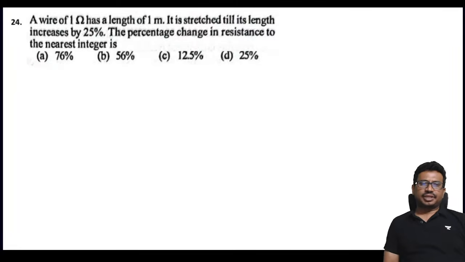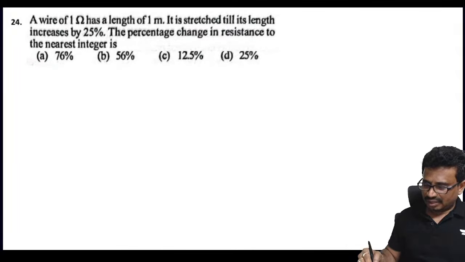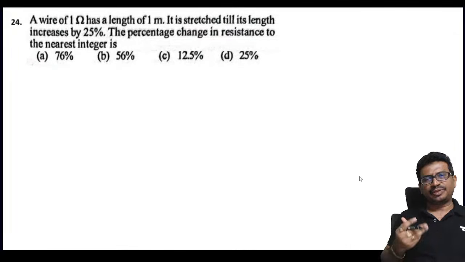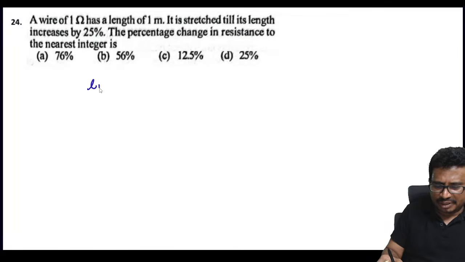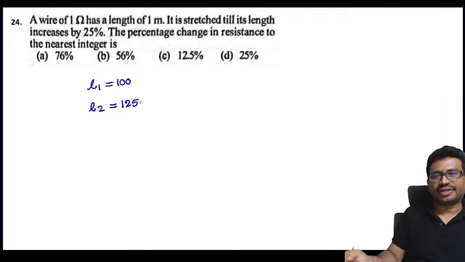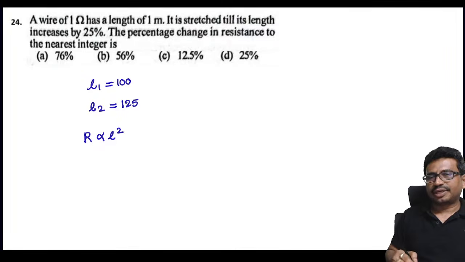It is stretched till its length increases by 25%. You need not consider the given length. Simply I am considering L1 is equal to 100, and L2, increased by 25%, means 125. So how is resistance proportional to length here? To L square.